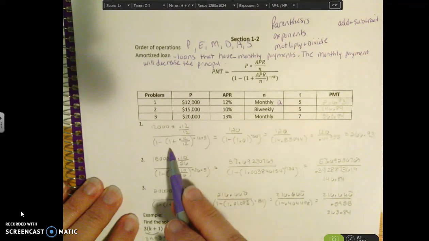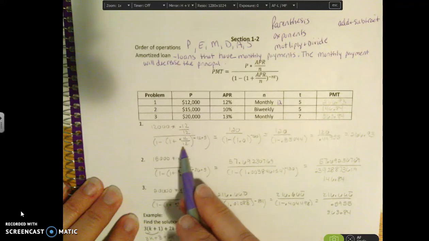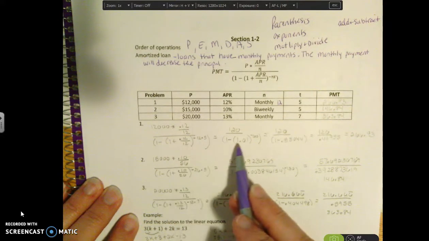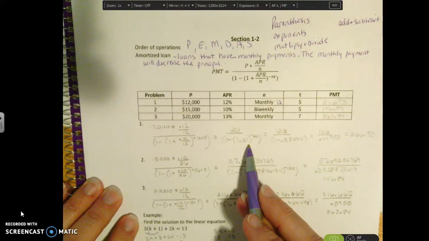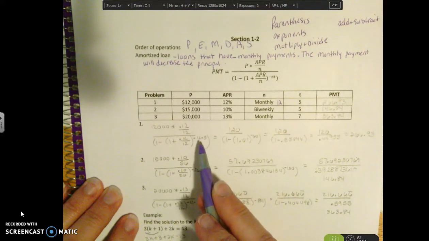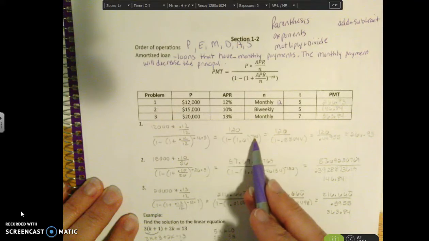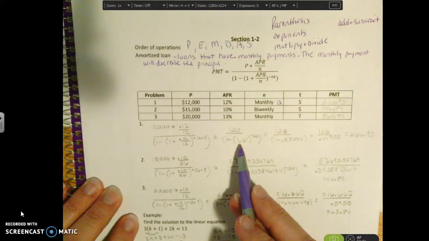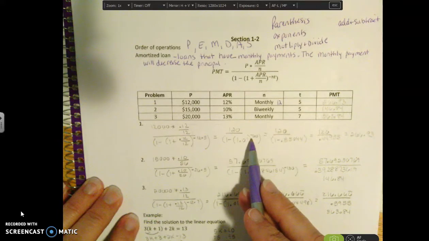To do my order of operations, I'm going to calculate the part in the parentheses first. So that comes out to be 1.01. I also went ahead and calculated 12 times 5, and that's where I got negative 60. So my next step was to raise the 1.01 to the 60th power.